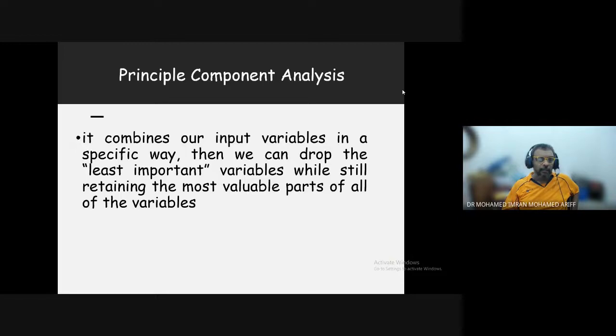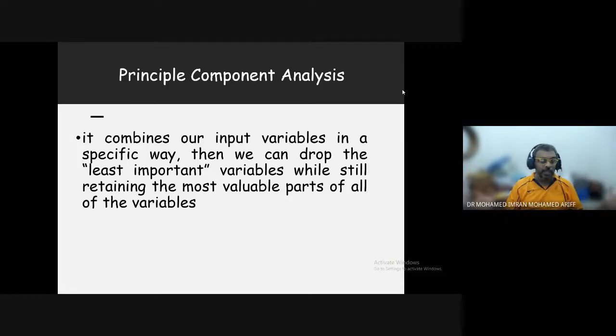Combines our input variables in a specific way, then we can drop the least important variables while still retaining the most valuable parts of the variable. You have 10 questions, but you drop 5, and the remaining 5 are good enough to explain something.